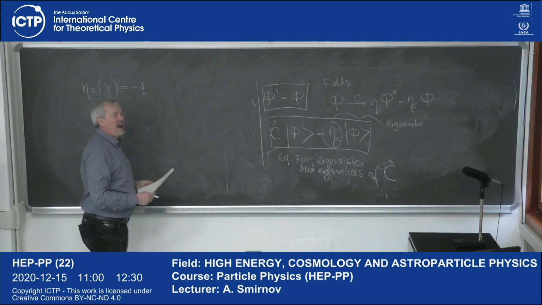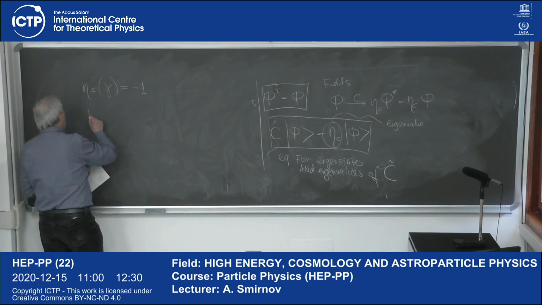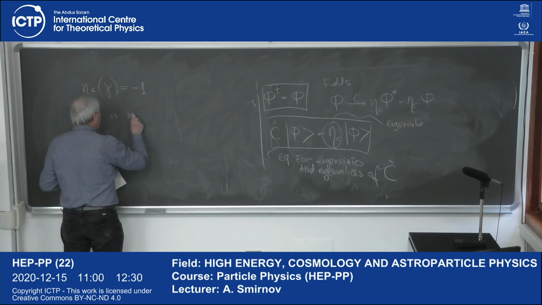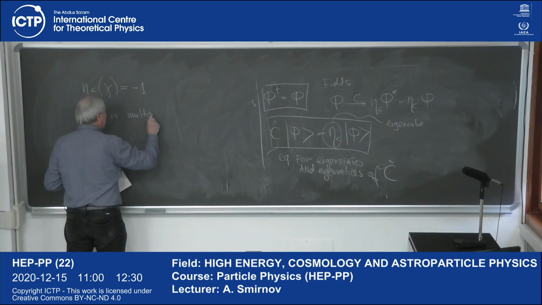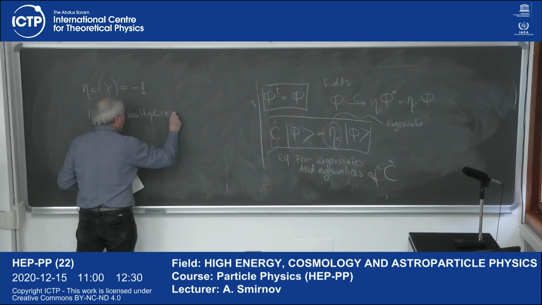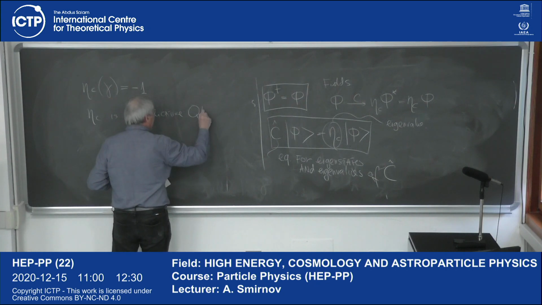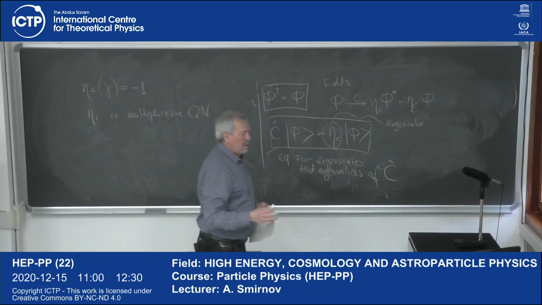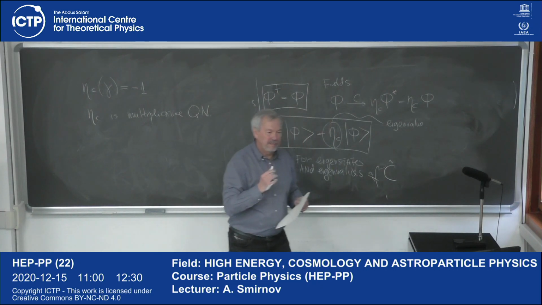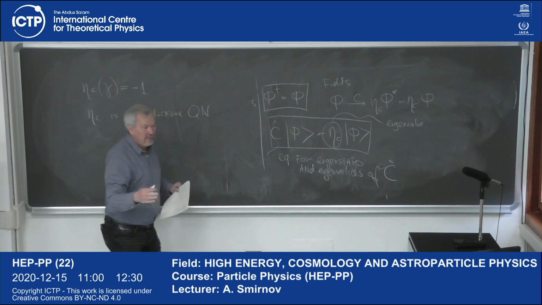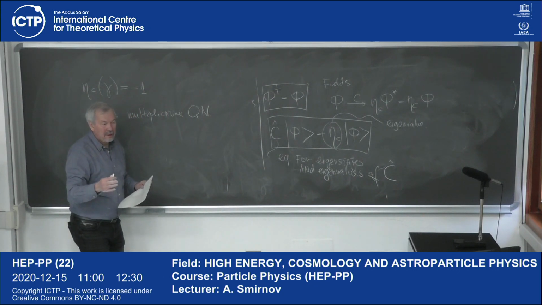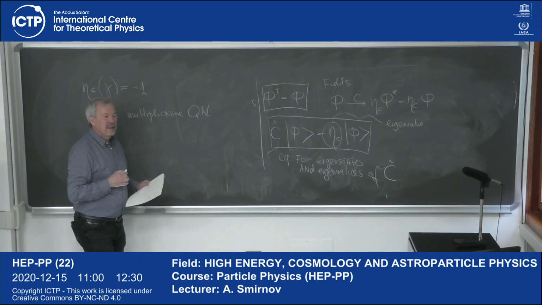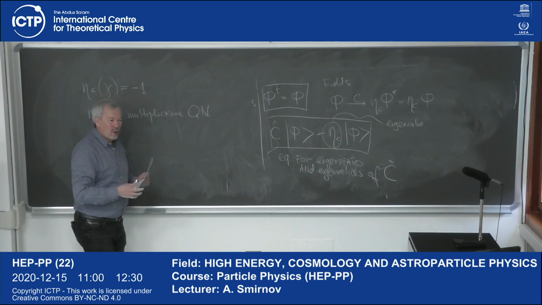As in the case of the usual parity, eta C is a multiplicative quantum number. So if you have a system of particles, then you can introduce the total C parity, and that will be the product of the C parity of all the particles in a given system. Here also there is entanglement with orbital motion.